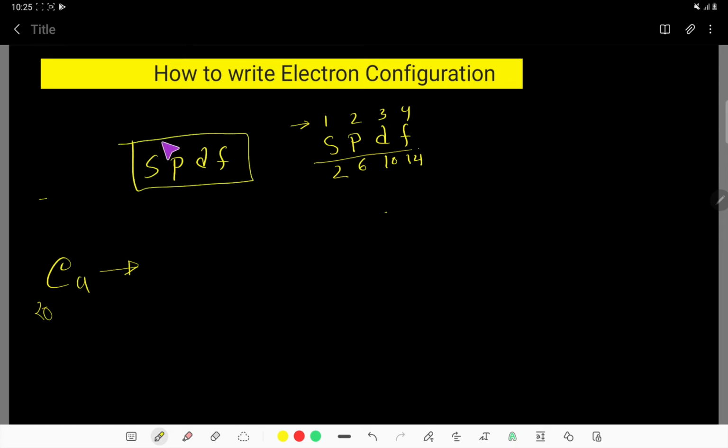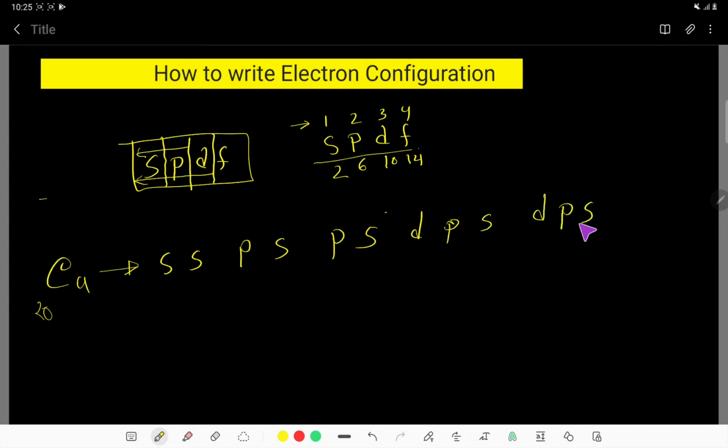At first you have to consider the s subshell. You have to write s just once, ss. Then you have to write ps, and you have to write it twice. Then you have to write dps, and you have to write it twice, dps.